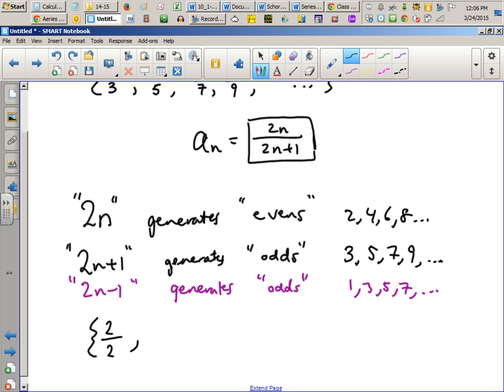Okay? 2 over 2. 4 over 5. If you see the pattern, don't shout it out, okay? 8 over 10. You might say, those are the same thing, second, third term. I agree. 16 over 17.